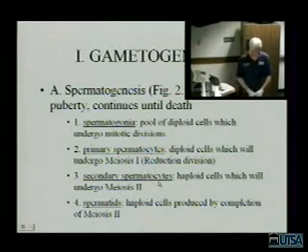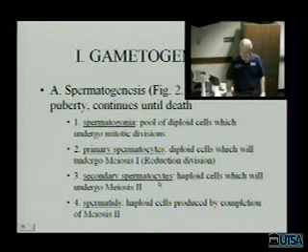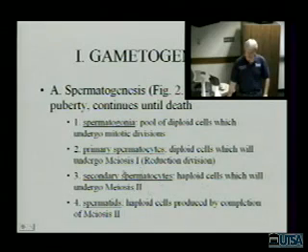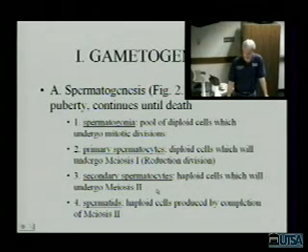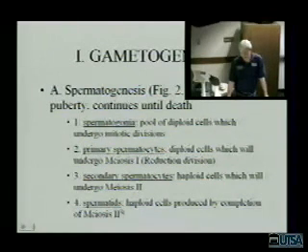The secondary spermatocytes are haploid cells, and they undergo meiosis too. So there are the two divisions of meiosis. The primary spermatocytes undergo meiosis 1, the reduction division, producing haploid cells. And these secondary spermatocytes undergo meiosis 2, and at the end point of this, will produce spermatids.